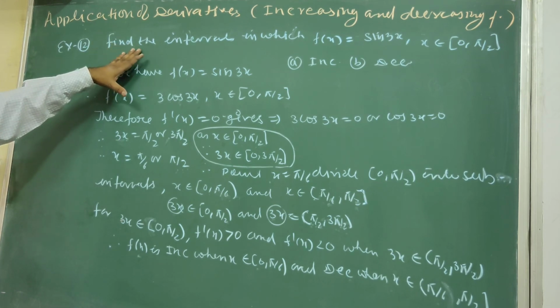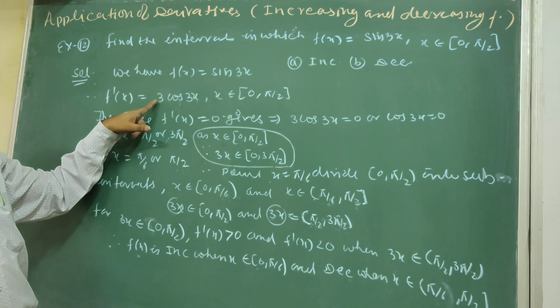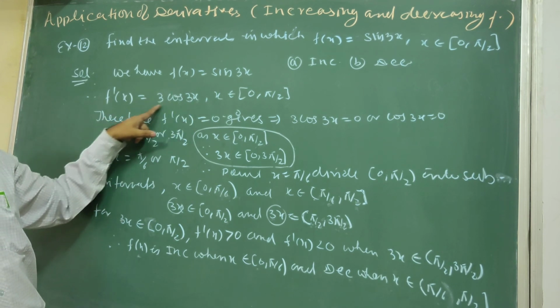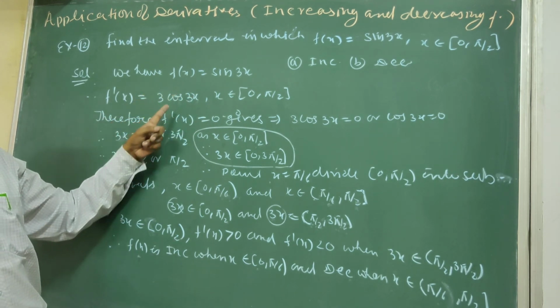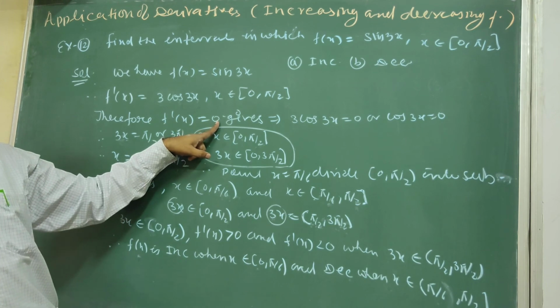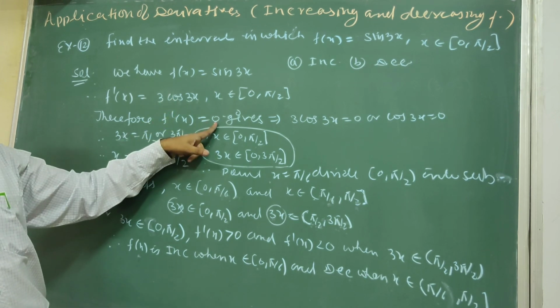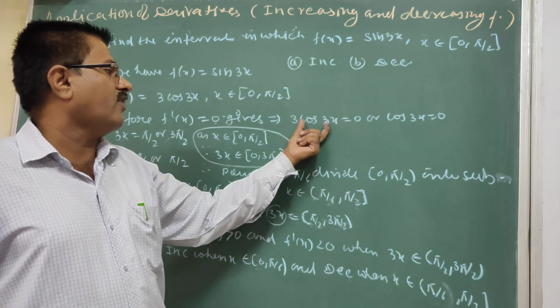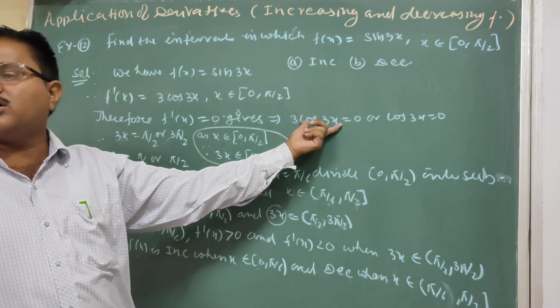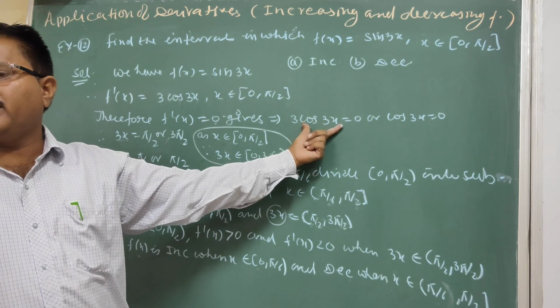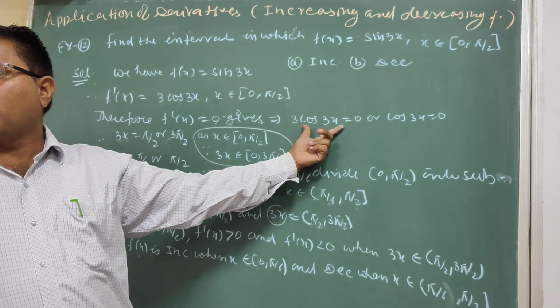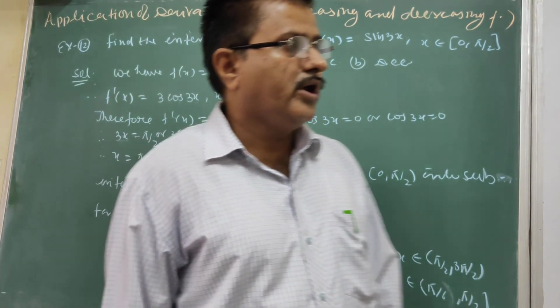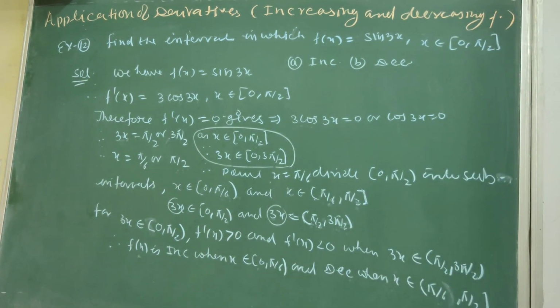So what we have done: first of all, for the given function we find the derivative, then whatever derivative we get, we make equal to 0. After putting this 0, you can find the value where cos theta is 0. And in 11th class we already saw cos theta is 0 at odd multiples of pi by 2, right?